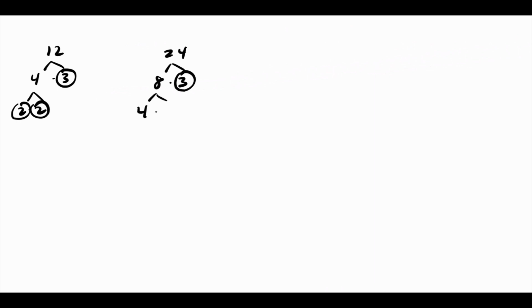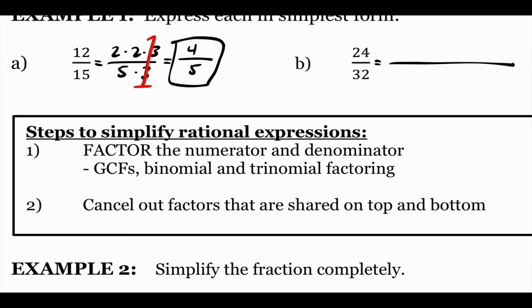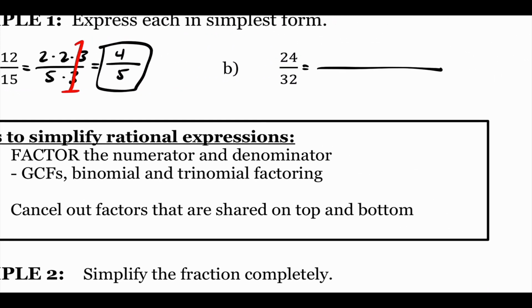So I circle the 3, 4 times 2, 2 times 2. Right? So 24 is three 2s and a 3.